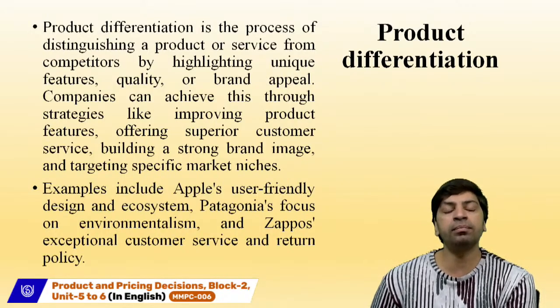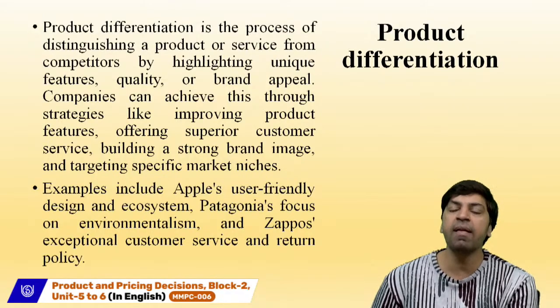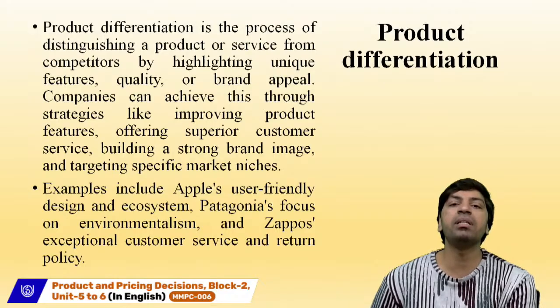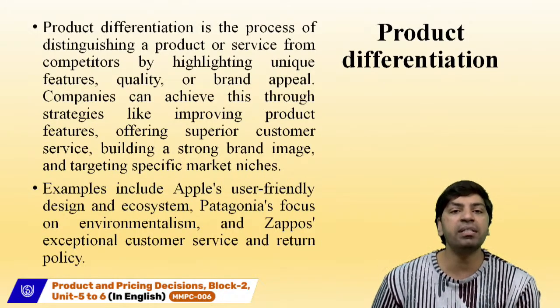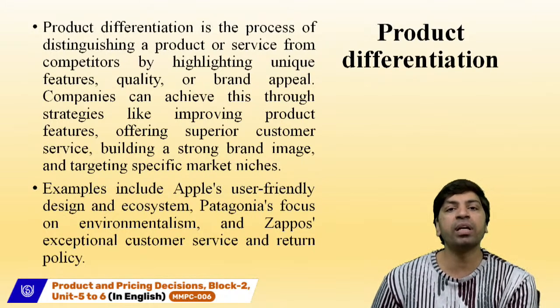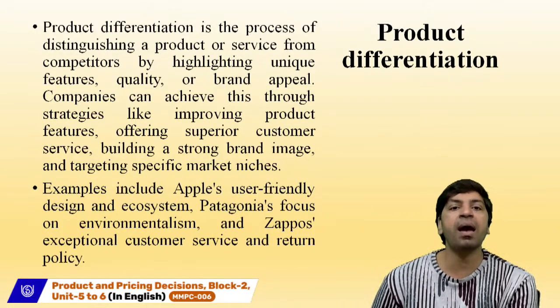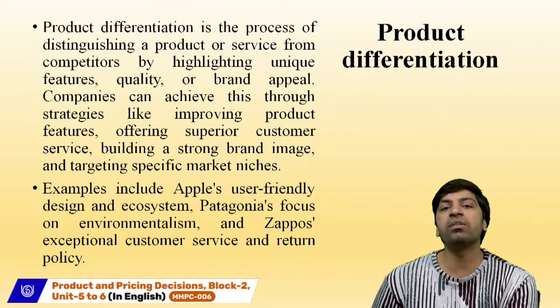A few examples which refer to product differentiation: one of the foremost examples is Apple, which has a user-friendly design and ecosystem. The next one is Patagonia, focused on environmentalism, and Zappos, with exceptional customer service and return policy.